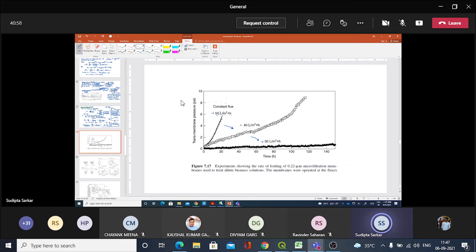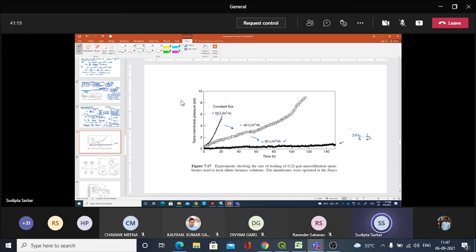So in this case, probably 30 liter per meter square hour is the best way to go. But again, here is the problem: this is a flow rate of 30 liter per hour per meter square of membrane.